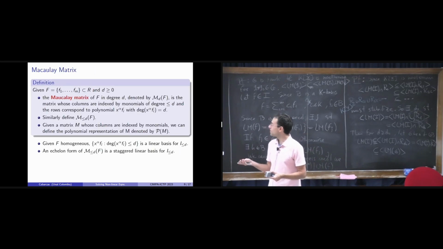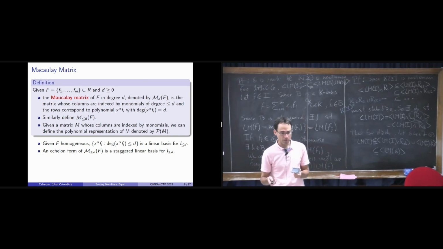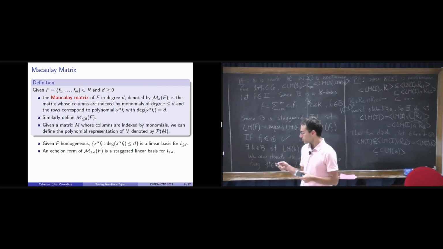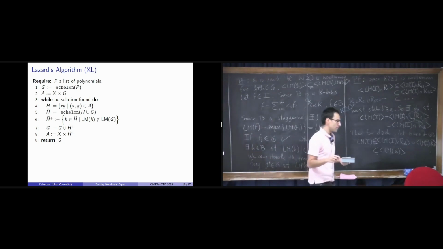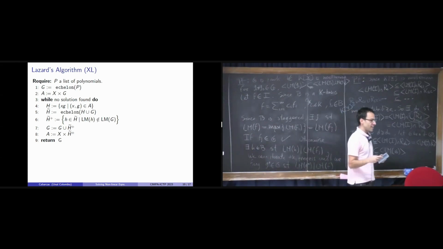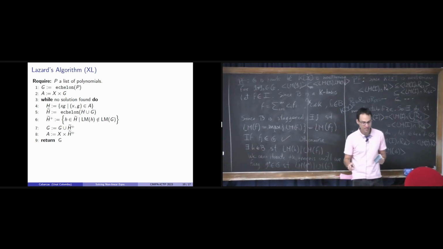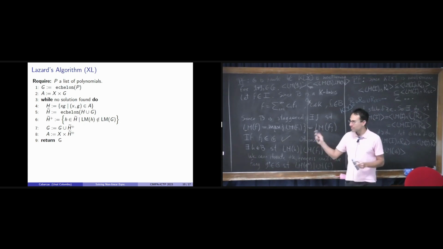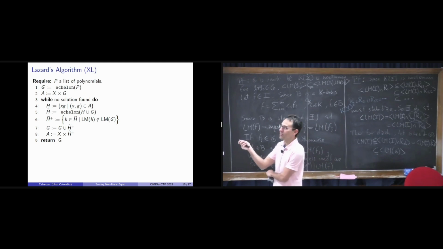And that gives us an algorithm to compute a Groebner basis, which, if you want, you can call Lazard's algorithm or the XL algorithm. At least this is the homogeneous case. It is precisely what we have already said.